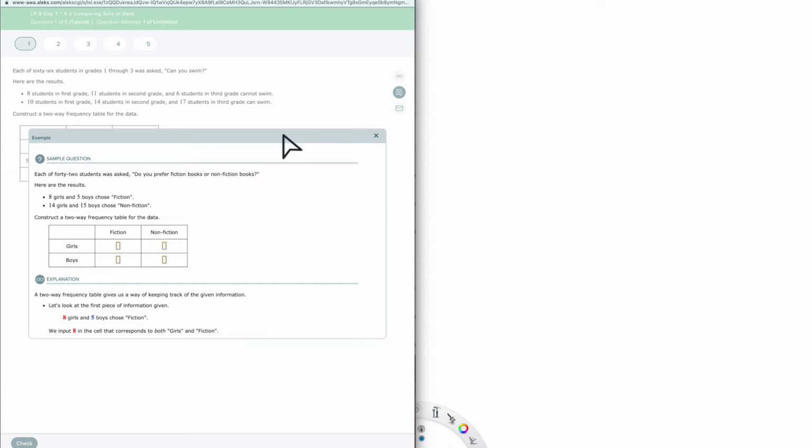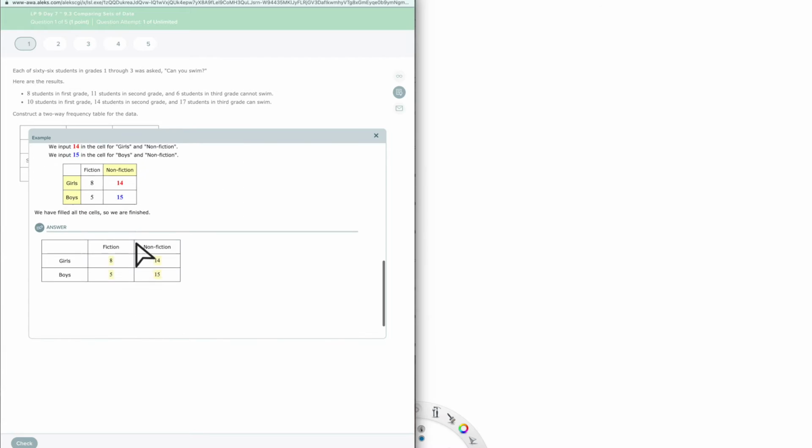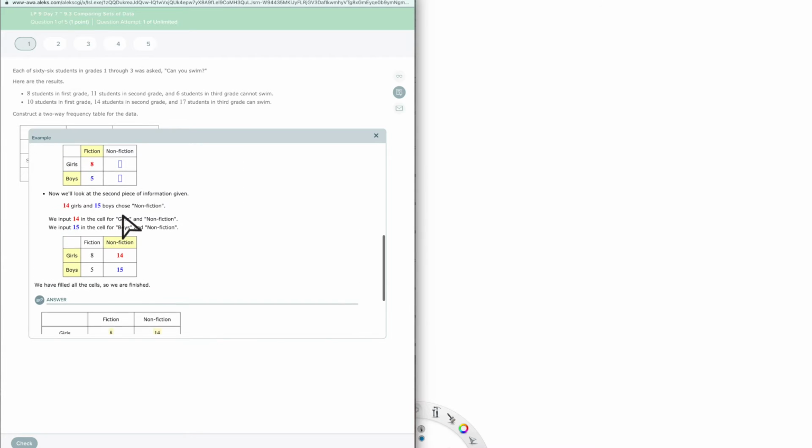Example shows you an example of something very similar to what we're looking at here. So in this case, we're looking at a kind of a two-way table, meaning that there's data along the top, data along the side, and they match up. And we have to take the information that they're giving us and fill in the chart here. So we're just going to go through, and you can see how they're highlighting and saying, fiction and boys.